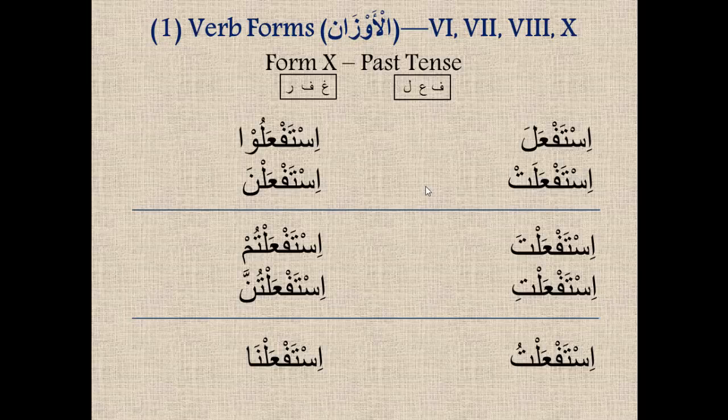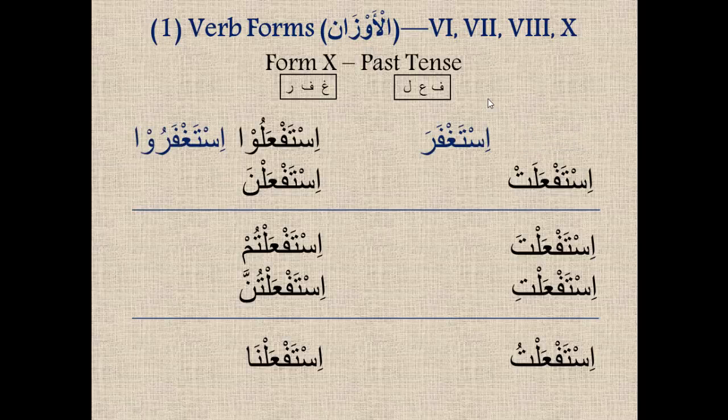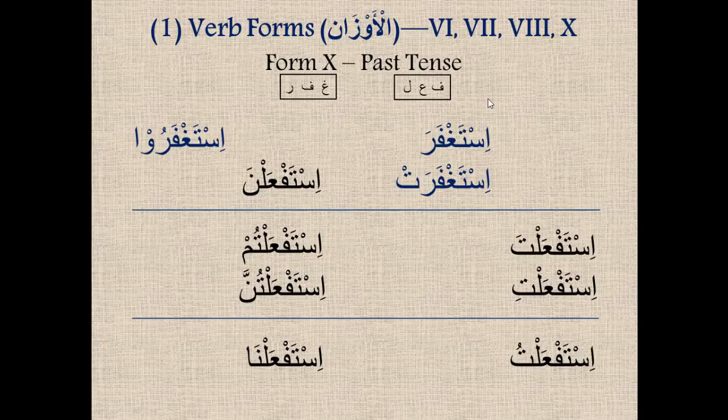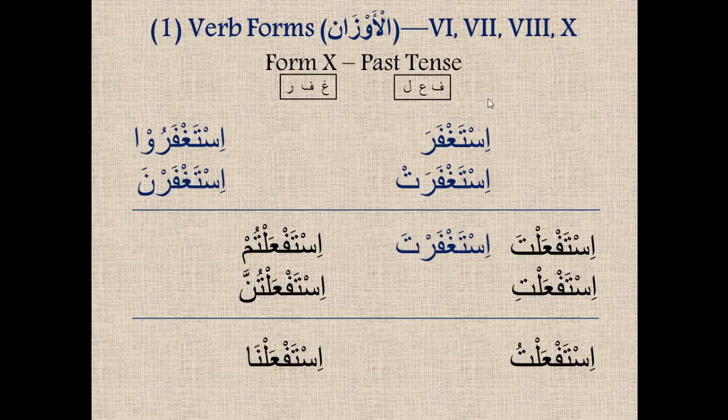Past tense conjugation for form 10 using the root letters ghain, fa and ra. Istaghfara, which means to seek forgiveness. We have istaf'ala, istaghfara. Istaf'alu, istaghfaru. Istaf'alat, istaghfarat. Istaf'alna, istaghfarna. Istaf'alta, istaghfarta.